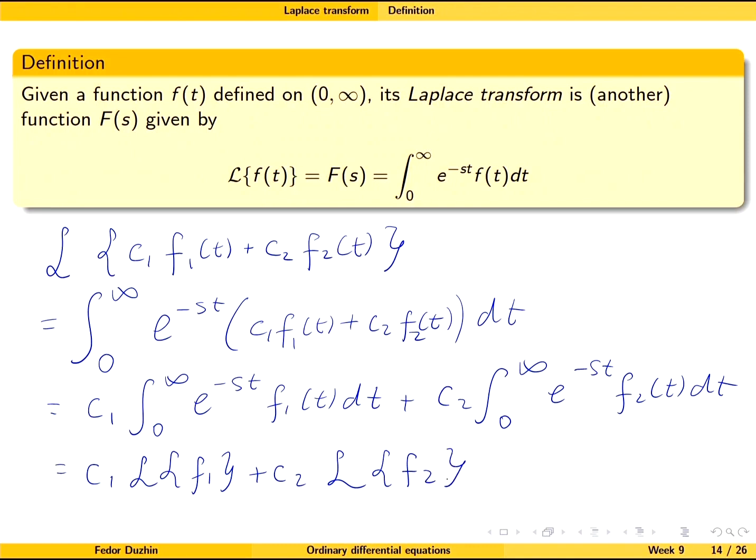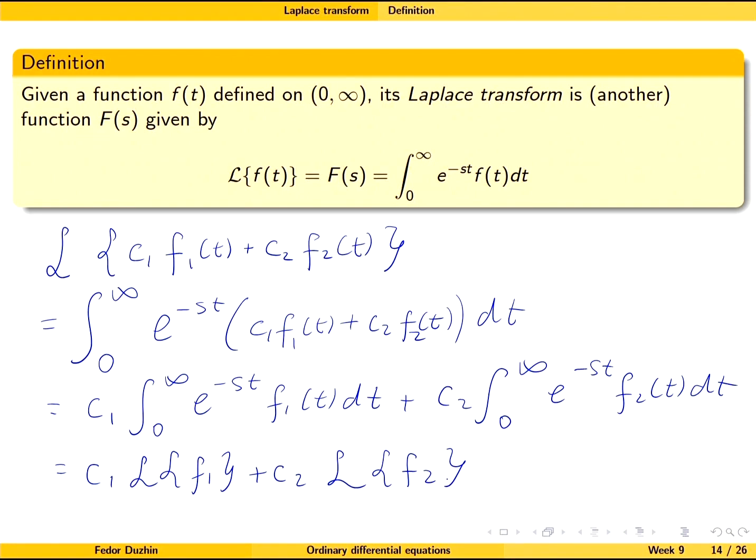In other words, what we see is that the Laplace transform is actually a linear transformation from the space of functions in t to a space of functions in s.